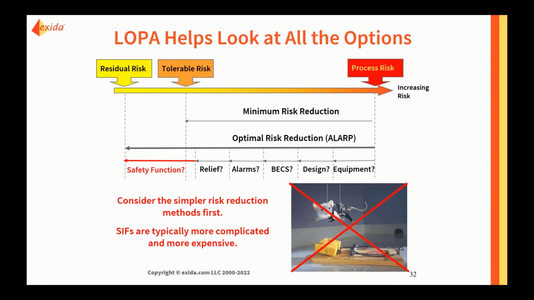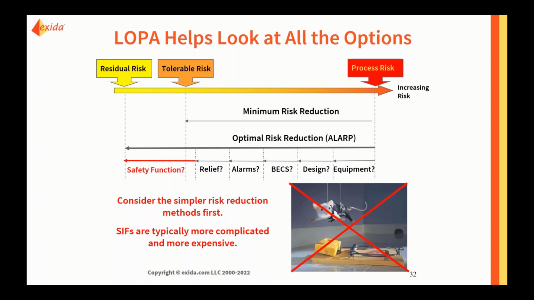Because again, if we are subject to an ALARP requirement, reducing our risk down to a level as low as reasonably practicable, we need to understand that risk well. And layer of protection analysis is a great tool to help us understand that risk.